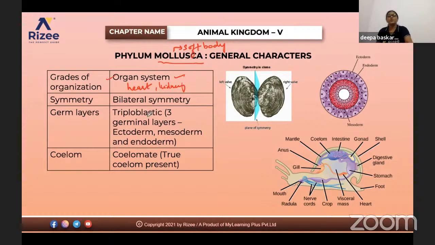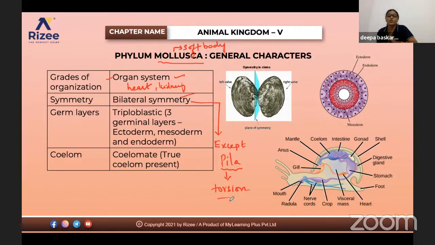And if you come to symmetry, bilateral symmetry is exhibited, except one class which does not have bilateral symmetry because of a twisting structure called torsion. So except this class, all are exhibiting bilateral symmetry.